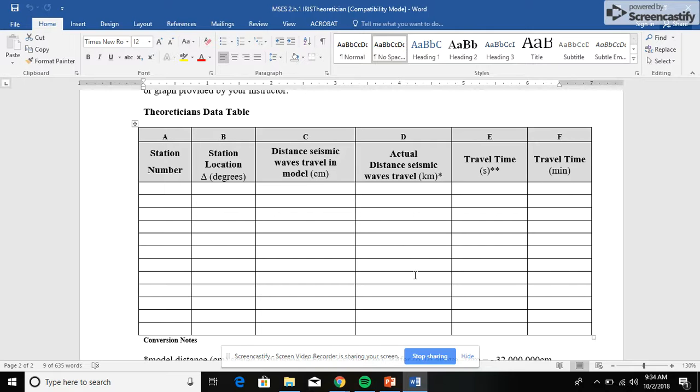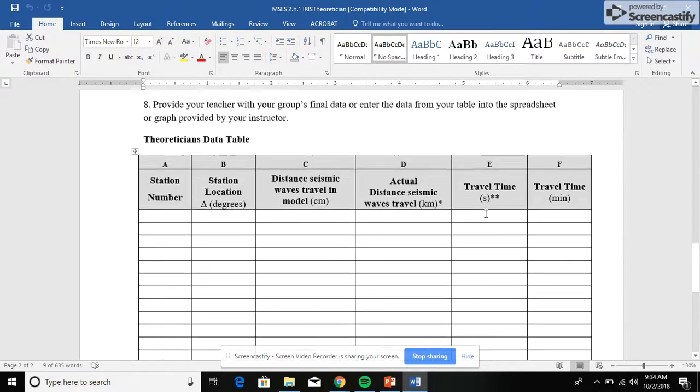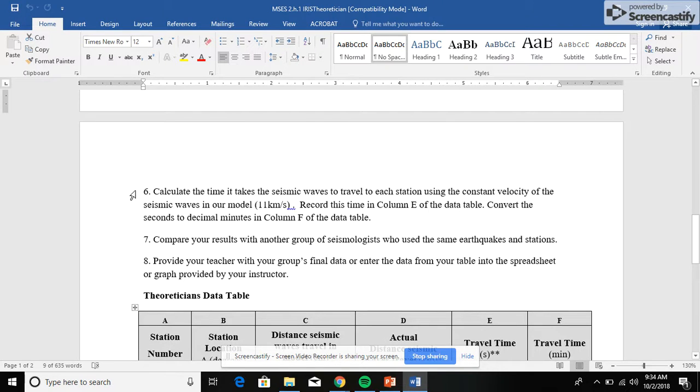The next step then would be to calculate the travel time in seconds. That's step 6. We're using the idea that the constant velocity of seismic waves through rock is 11 kilometers per second. We already know the distance of the seismic stations in kilometers. So we have rate of speed and we have distance, and we're calculating time.